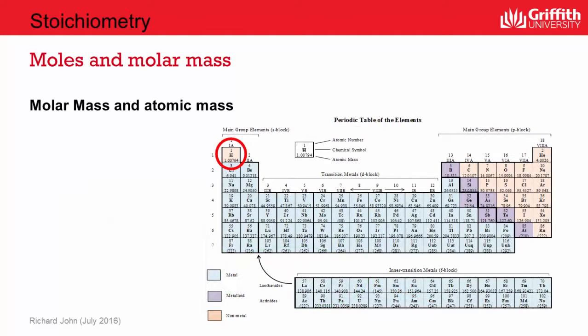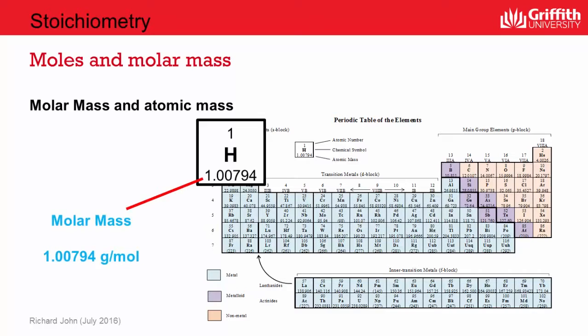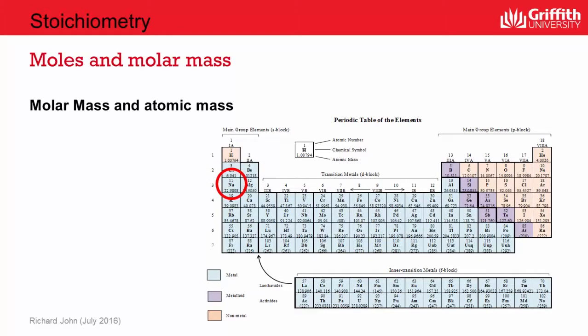For example, number 1, hydrogen, we read its atomic mass to be 1.00794 atomic mass units, and we can simply state that its molar mass is 1.00794 grams per mole. We can look at number 11, sodium. Its atomic mass is 22.9898 atomic mass units.